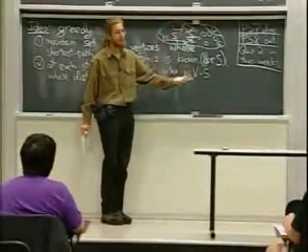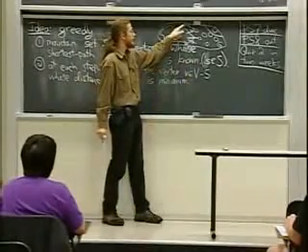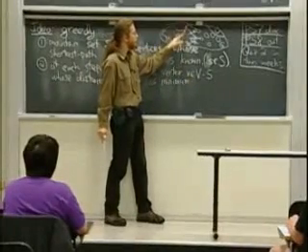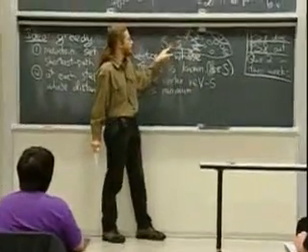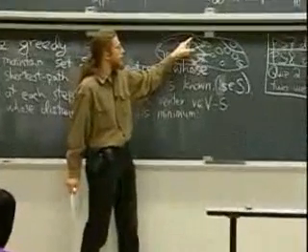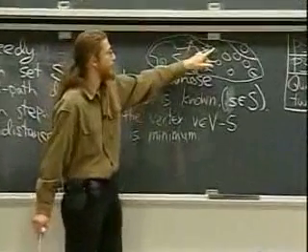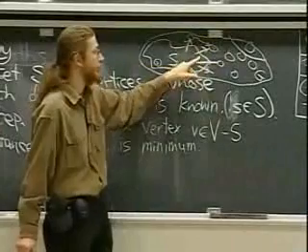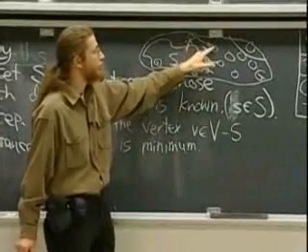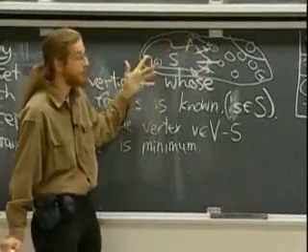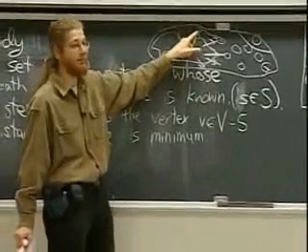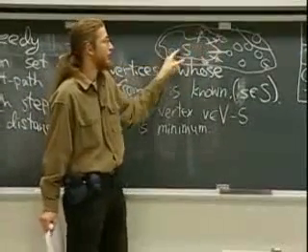Well, if all my weights are non-negative, and I take the vertex here that has the shortest estimate from S, let's suppose this one is the shortest one. Then this can't be a shorter path because the distance estimate from S to that vertex is larger than from S to that vertex.